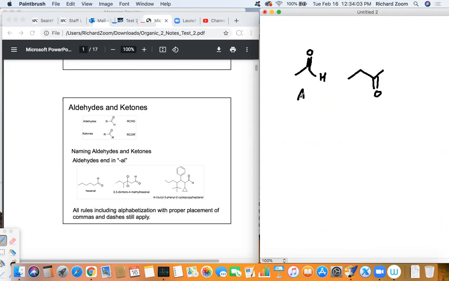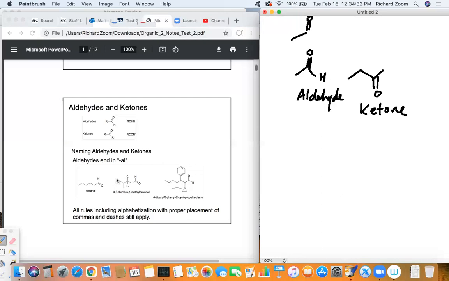So that's an aldehyde, and this is a ketone. It's usually pretty easy to tell. You might also see aldehydes presented without the H shown, and that's possible as well. It is a line structure, so we don't have to show H's, but if we do, they're often shown on aldehydes, just to remove any doubt that they are aldehydes.